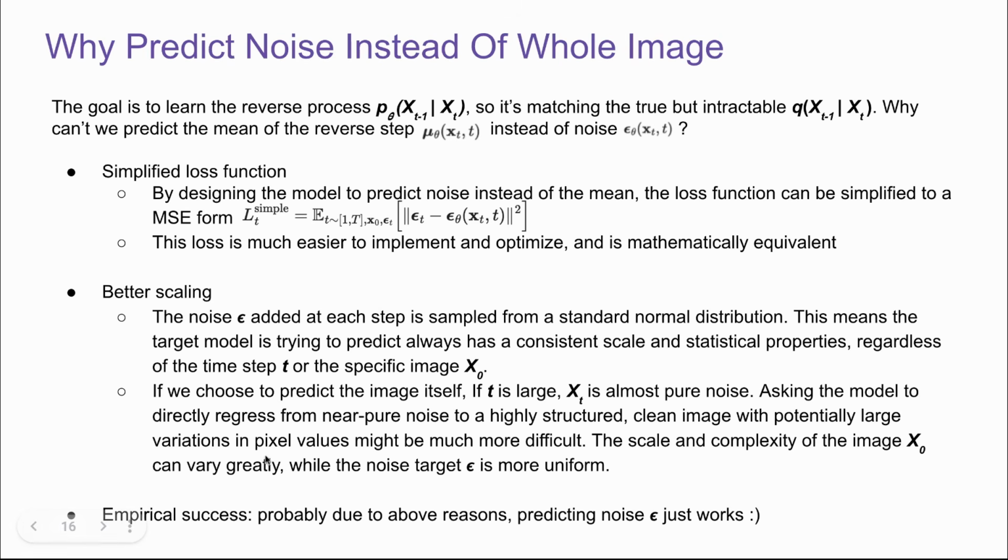And asking the model to directly regress from near pure noise to a highly structured, clean image with potentially large variation in pixel values can be very difficult. The scale and complexity of the image x0 can vary greatly, but the noise target epsilon is more uniform. Better scaling will make the training more stable.